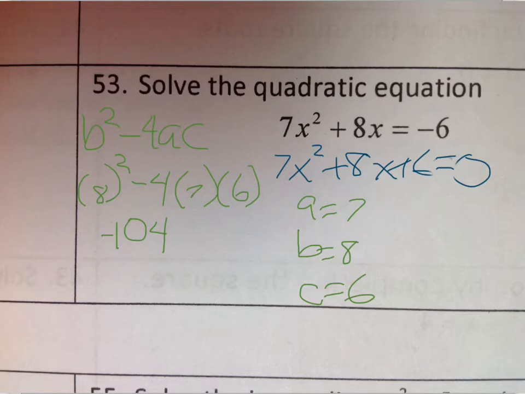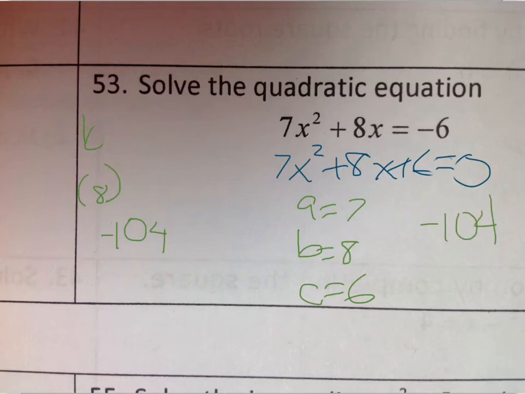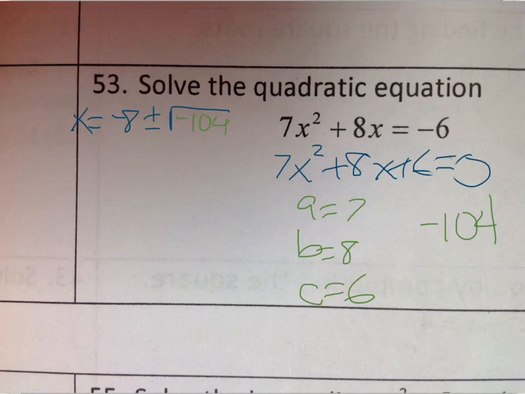Now that we know the discriminant is negative 104, when I plug it into the quadratic equation, make sure you see the quadratic formula on the previous video. You have x equals negative 8 plus or minus the square root of negative 104 all over 2 times 7.